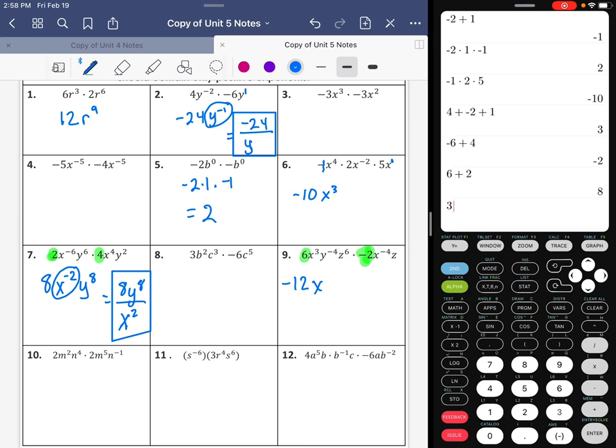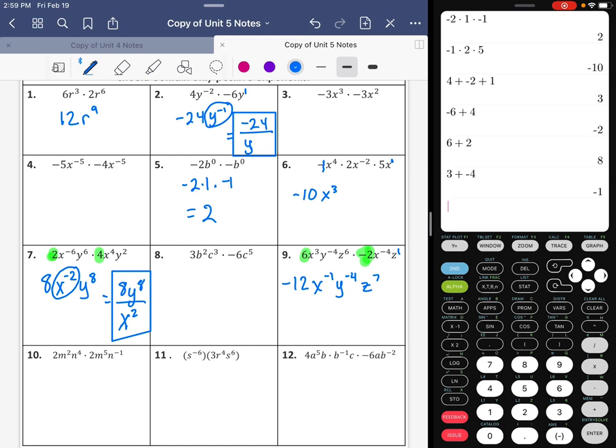So we're going to do 3 plus negative 4. That's going to be negative 1. We'll come back to that. Then we're going to do y. Well, there's only one y, so there's nothing to add to its exponent. We're just going to keep it the way it is. And then z has 6 plus 1, so that's 7. So don't forget about that being a 1.